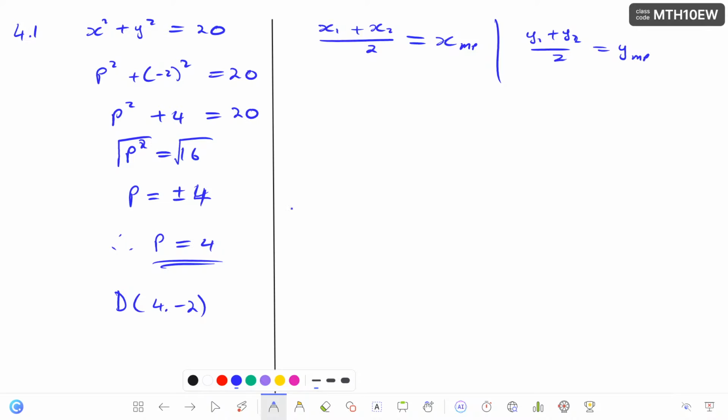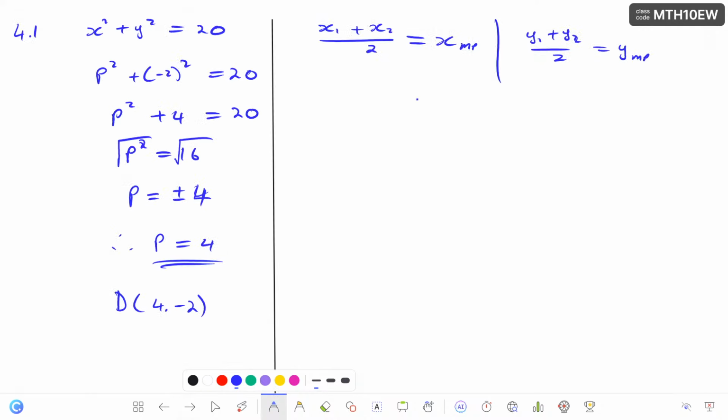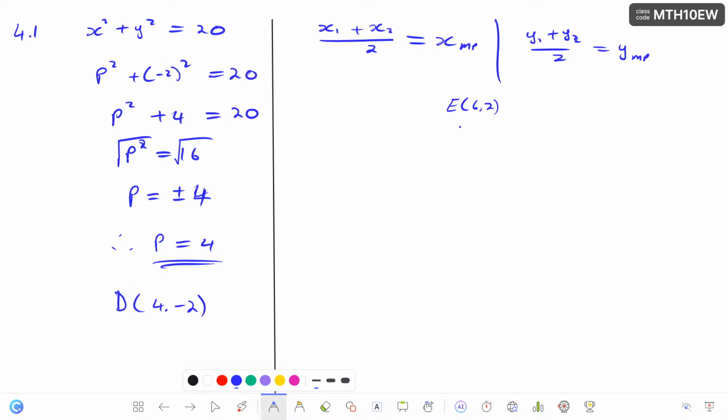Yes. So now let's take our points. So our points is E, which is 6 and 2. Then the other point, which is D, is 4 and negative 2. E is a midpoint.